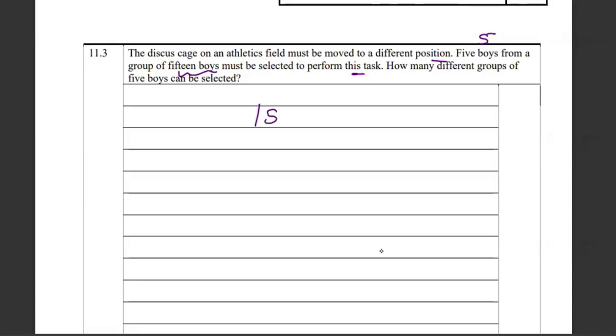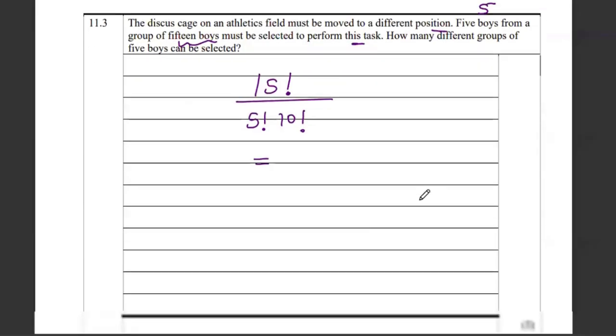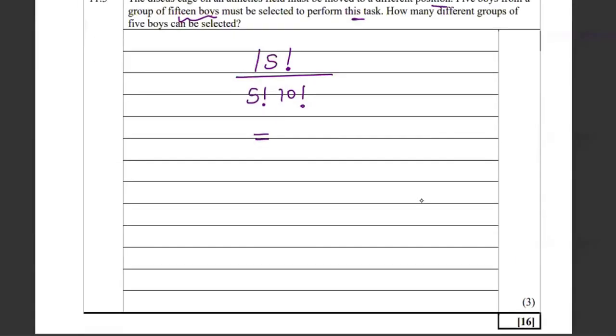Okay, so it's going to be 15 divided by, because this is like a combination kind of scenario. So we're going to have 5 factorial and then 15 minus 5, which is a 10 factorial. When you punch this into the calculator, I'm getting 3003. So those are the different groups that we can obtain from all of this.